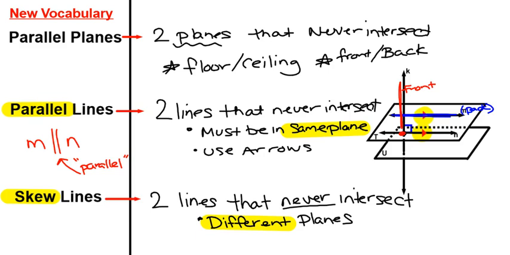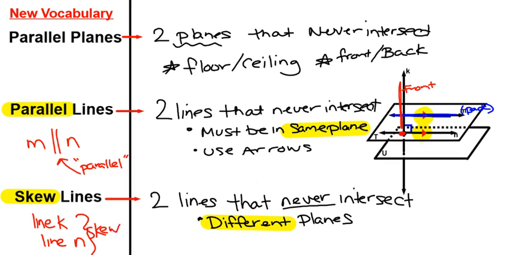Those 2 lines do not intersect, and those are what we would call skew lines. So that would be line K and line N, there is no symbol for skew. We just have to write that.